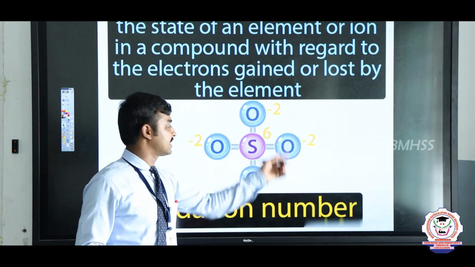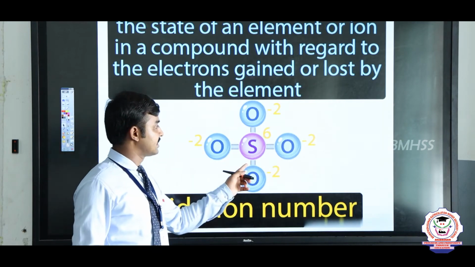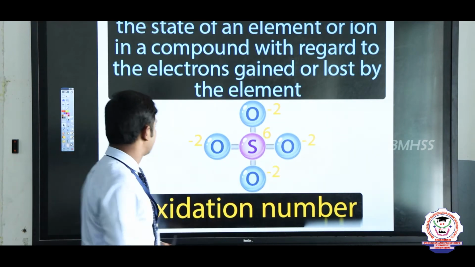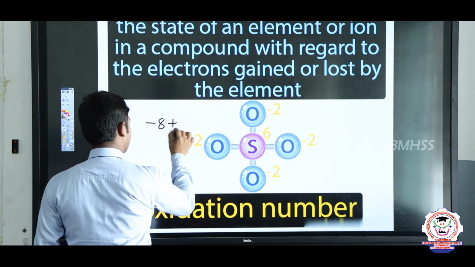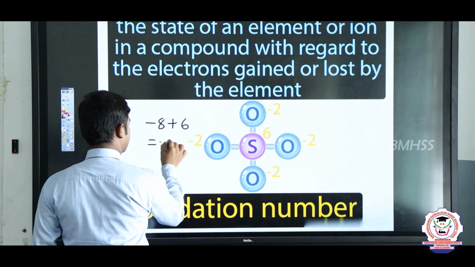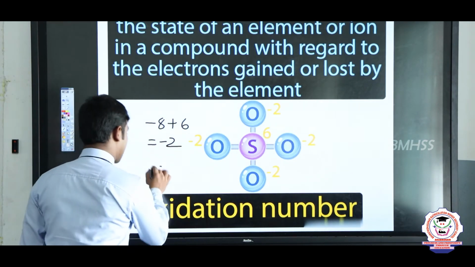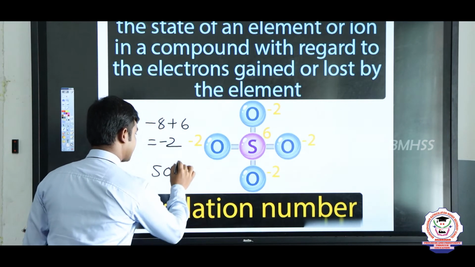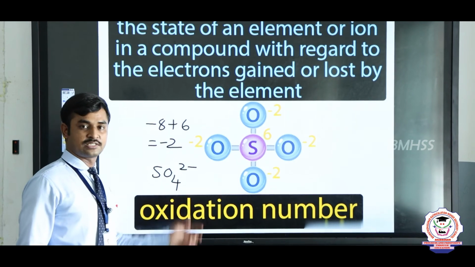So, totally -8. So, this complex has -8 and +6, and as a result it gets -2. So, the SO4 complex has a 2- charge in its oxidation state.